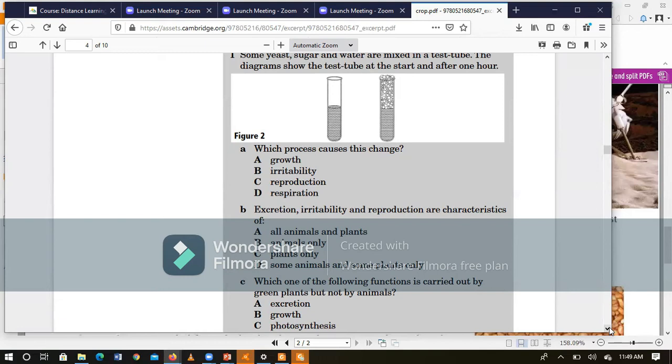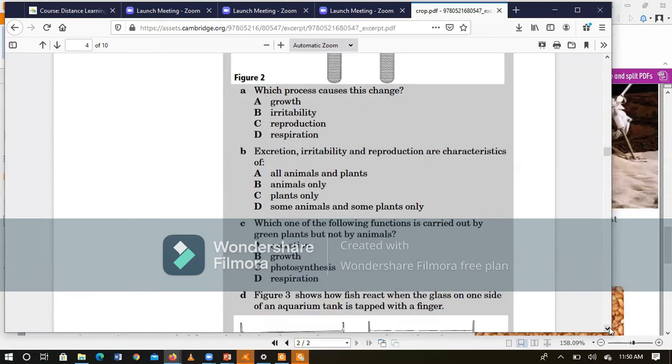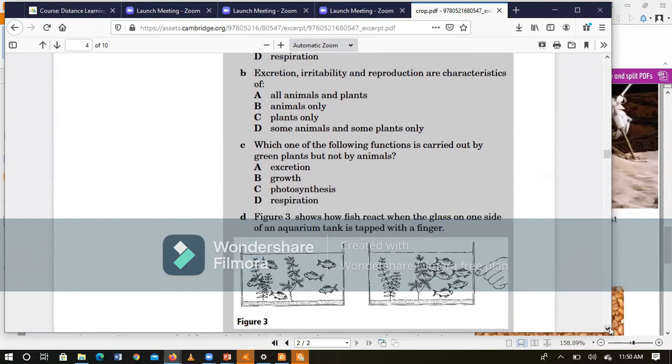Yes, it's true. And then let's look at the next one, B. Rowan, this is now a question. You can read the question. I think the answer is B, sir. Okay, why do you think it's B?